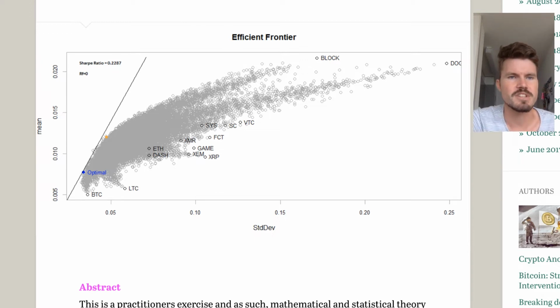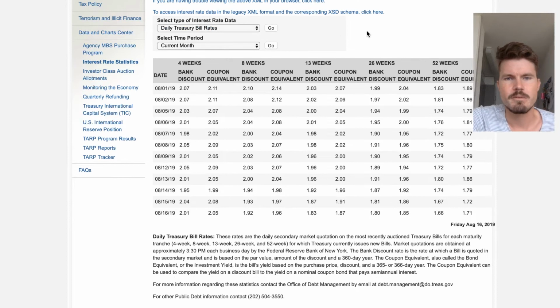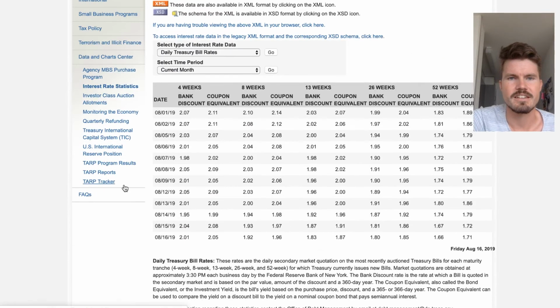Now here there's another website, treasury.gov, where you've got the T-bills risk-free rate of return, where you can use this data if you want to use maybe more than 3 months data, and that's where you can find it here.